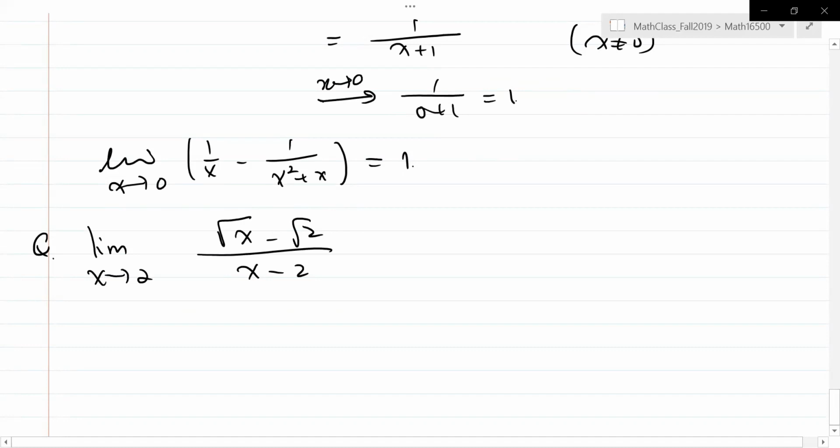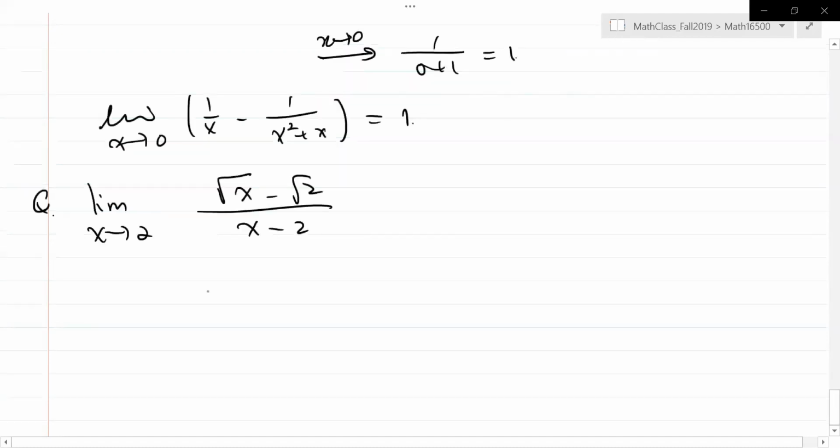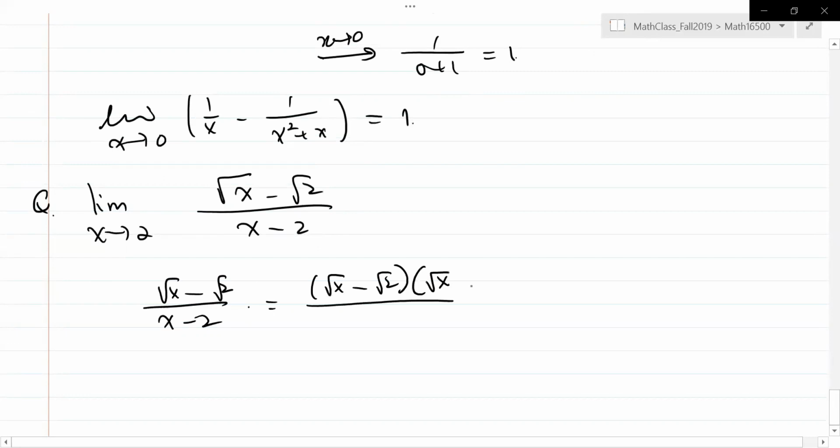But how can you find it? There's a standard way to do it. If you see square root of x minus square root of 2, then you multiply it by square root of x plus square root of 2. Then the numerator actually becomes x minus 2.